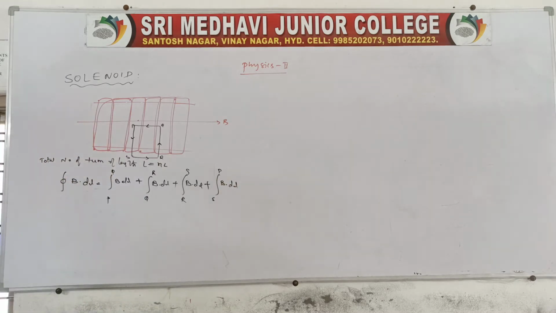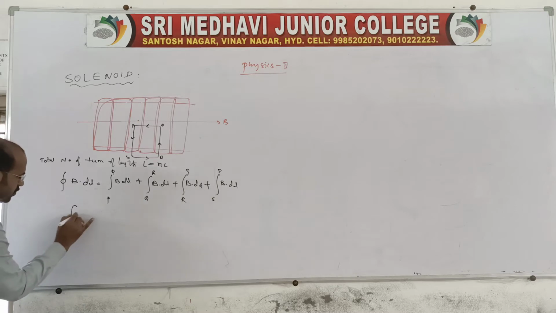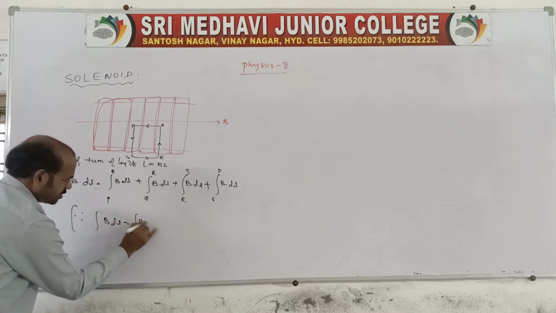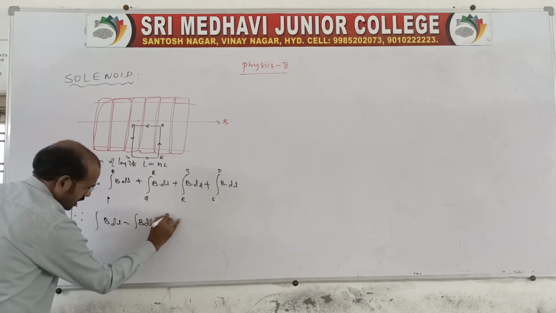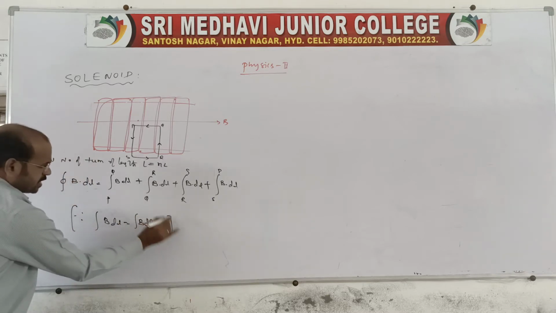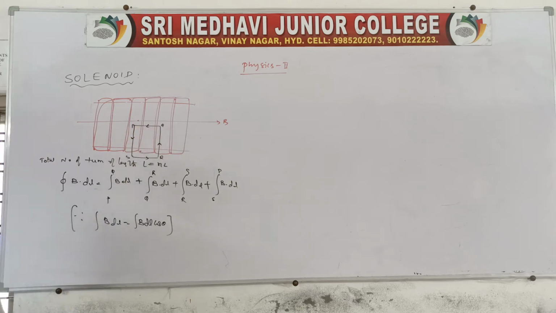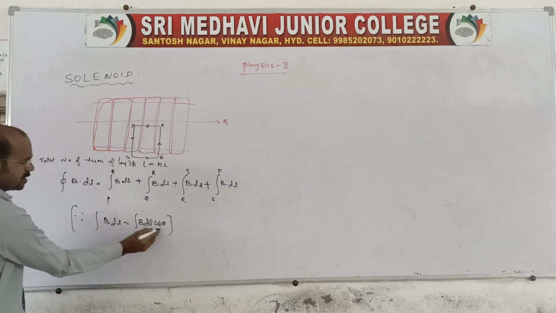Of course we know B dot dl is nothing but B dl cos theta. If the magnetic induction and P to Q are in the same direction, that means parallel, so theta will be 0.